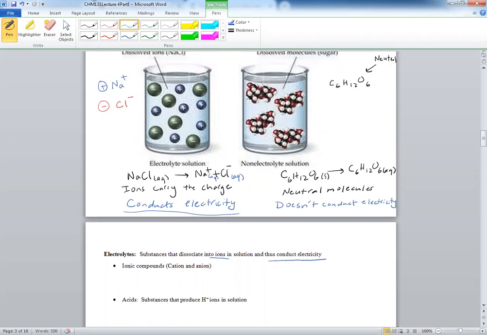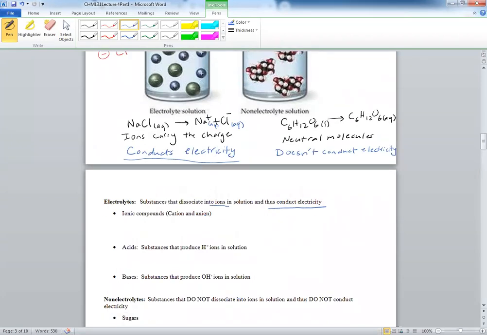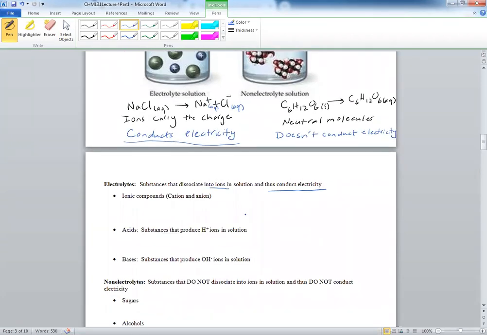The charge helps those electrons move around in a sense. What are electrolytes? Electrolytes are ionic compounds. So there's a cation and an anion. So we just gave you a primary example. Table salt has Na plus and Cl minus.